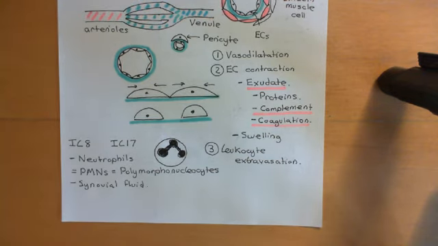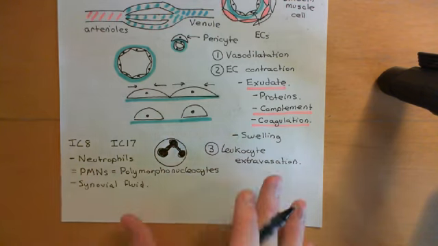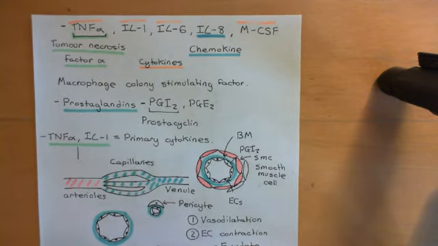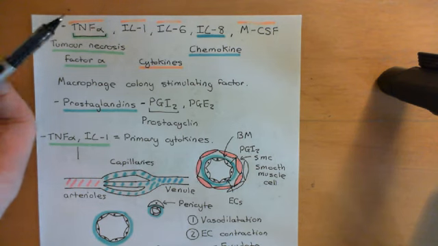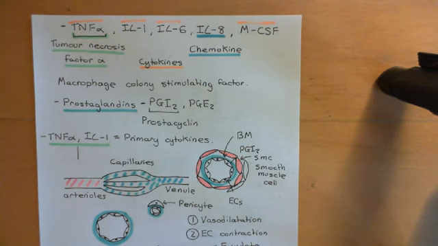We now want to look at some of these other cytokines that were released by those macrophages initially and see where their roles are. The next one that we're going to turn our attention to is interleukin 6. But actually, maybe I'll just summarize where we've got to so far. We've seen that TNF-alpha and interleukin 1 are responsible for producing this inflammation. They're responsible for producing the vasodilatation and the endothelial cell contraction, which produce the swelling of the joint.